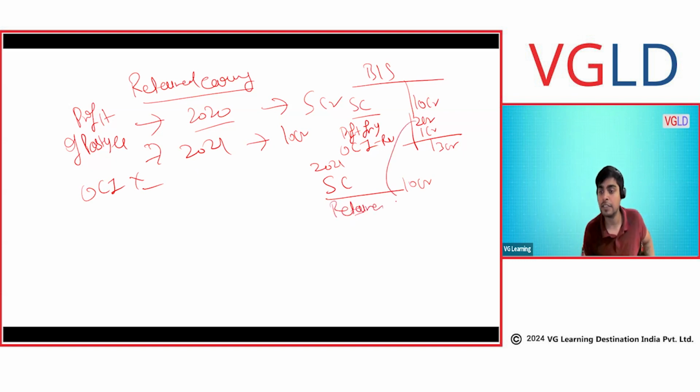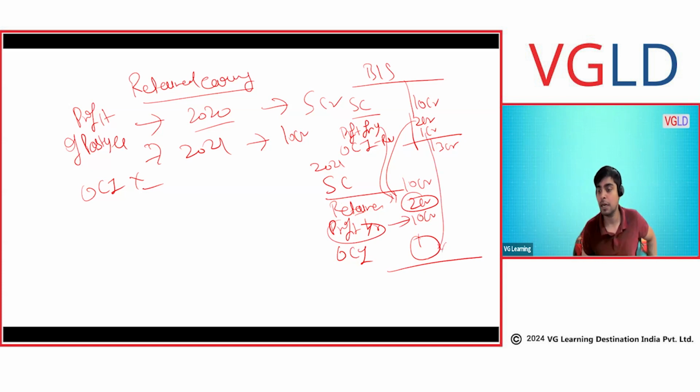Retained earning previous year was 2 crore. Profit for the year was 10 crore. OCI balance was 1 crore. Now, retained earning is basically past profit, profit for the year is current year profit, plus OCI, previous year profit. So this would now make a total of 23 crore.